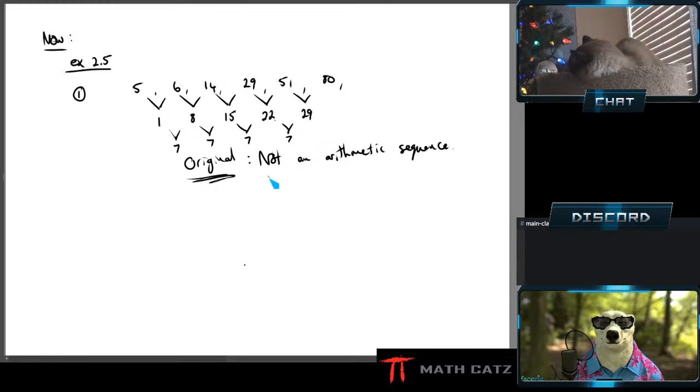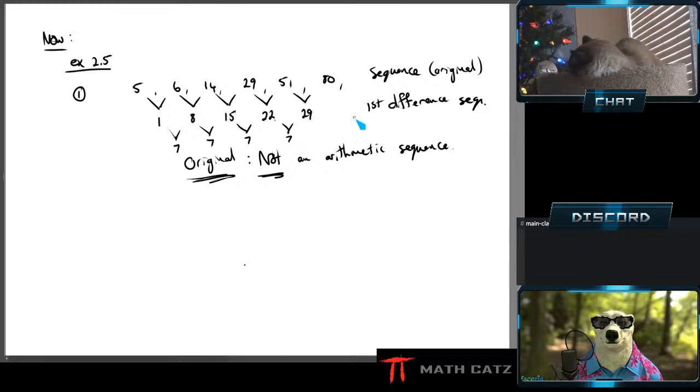But the original is not an arithmetic sequence. So here is the original sequence. When we look at how much I add every time, one level down, we call that the first difference sequence.